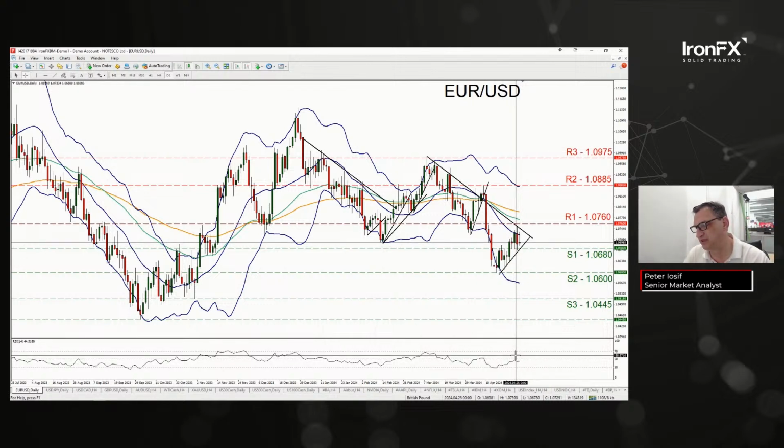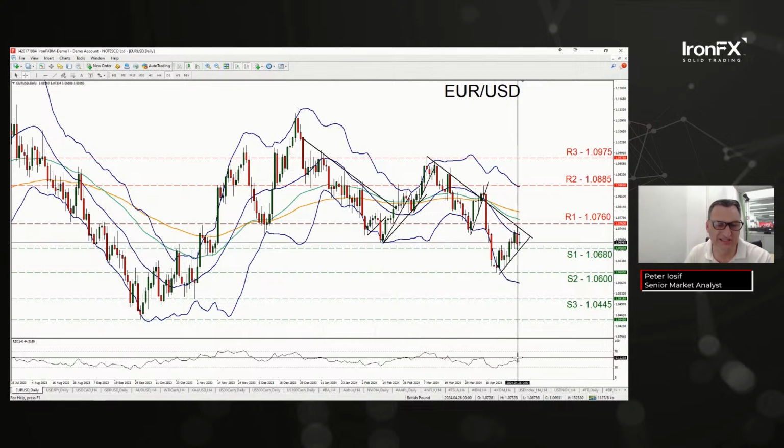I expect fundamentals today to play some part in the pair's direction. On the one hand, we have mentioned already the USD side and how the market may start repositioning itself, i.e. start buying the dollar in anticipation of a more hawkish Fed. That could drive EUR/USD lower.